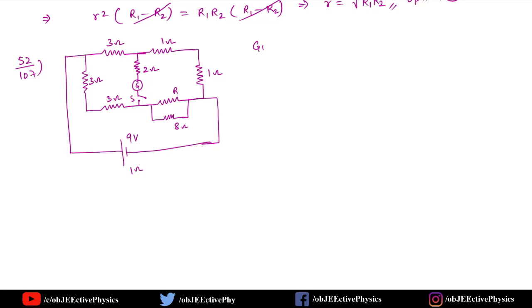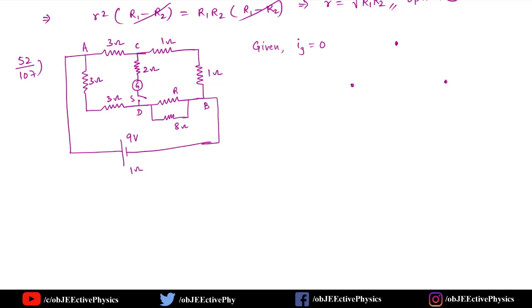It is clearly mentioned in the question that Ig is equal to 0, no deflection in the galvanometer. So Ig is equal to 0, and it is a Wheatstone bridge, a balanced Wheatstone bridge. So now the given circuit can be redrawn for convenience.